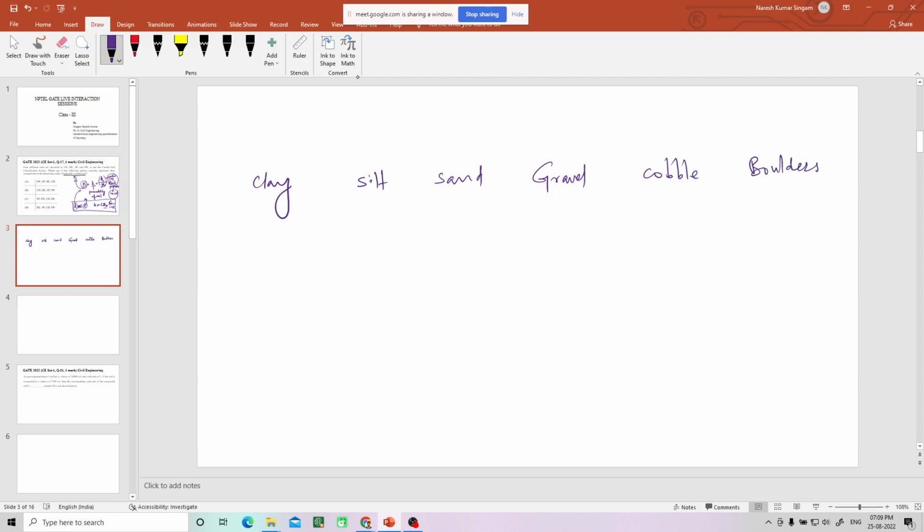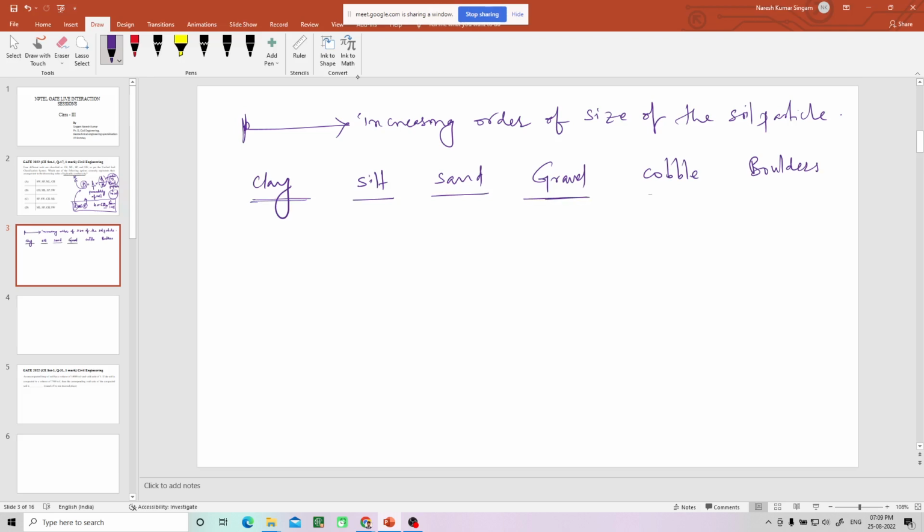This is the increasing order of the size of the soil particle. Clay has lesser grain size particles, then silt, then sand is more than this, then gravel size is more than the sand, and so on.